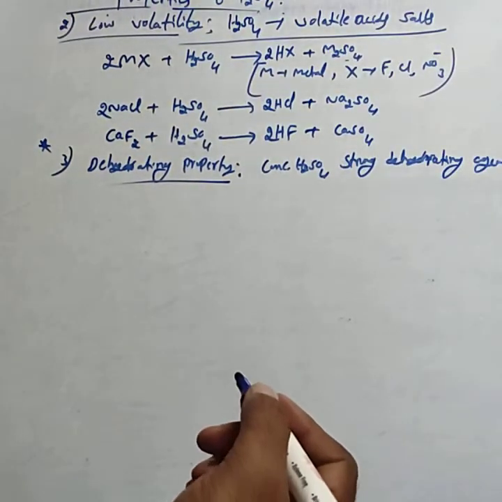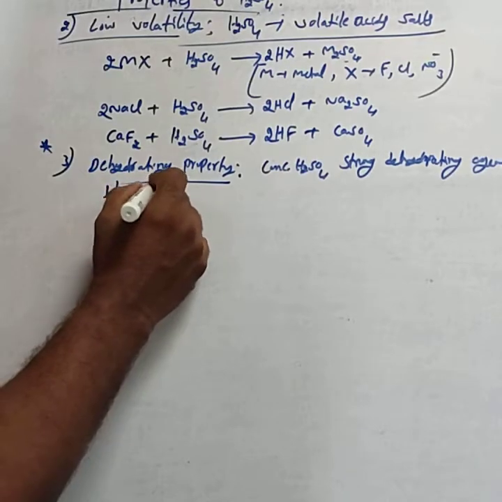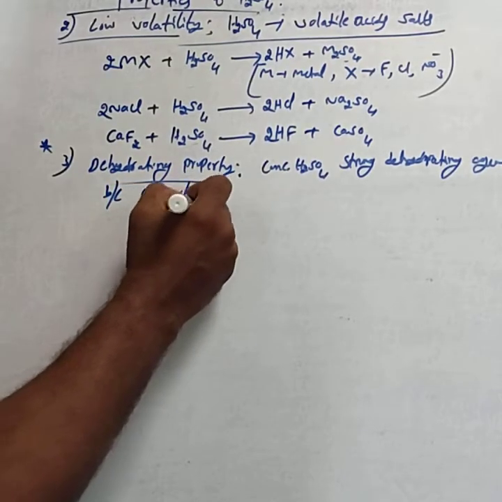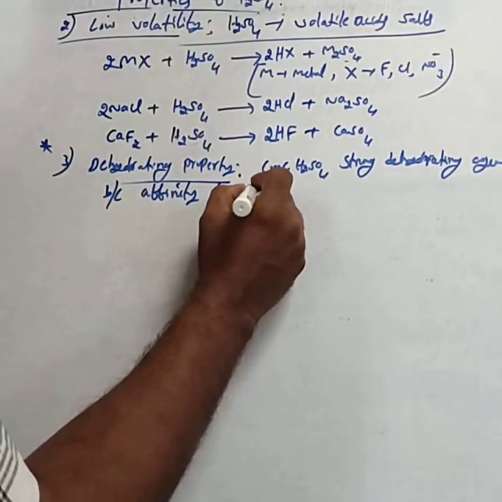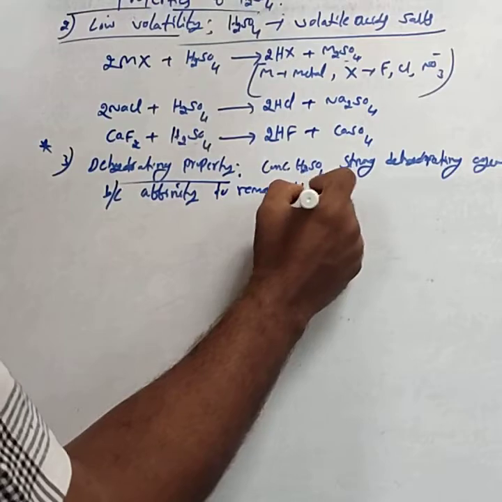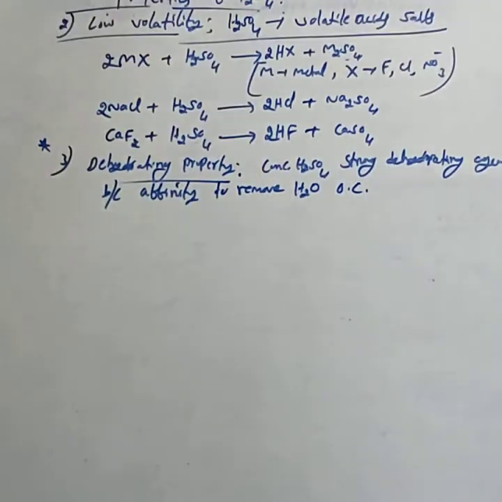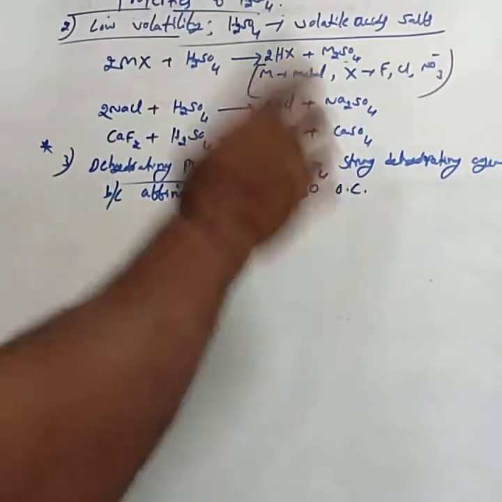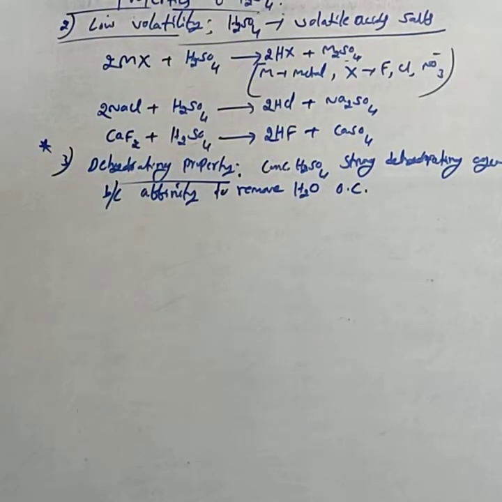Because it has greater affinity, greater attraction, to remove the water molecule from organic compounds. Sulfuric acid has more affinity to remove the water molecule from the organic compound. Hence, concentrated H2SO4 is a strong dehydrating agent.